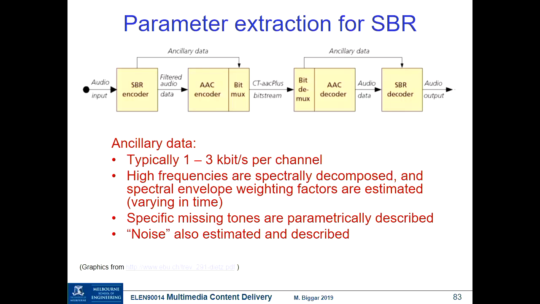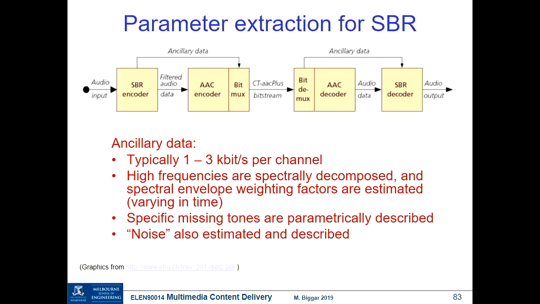But it also parametrically describes that high-frequency reconstruction, and that's the ancillary data that's identified at the top there. But that ancillary data is only about 1 to 3 kilobits per second per channel, so it doesn't involve a lot of overhead.